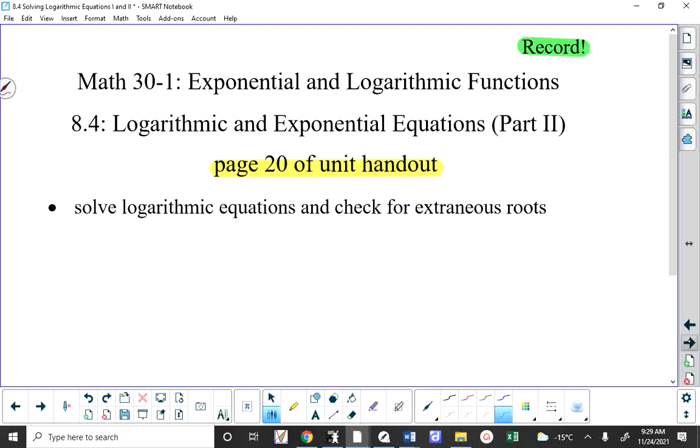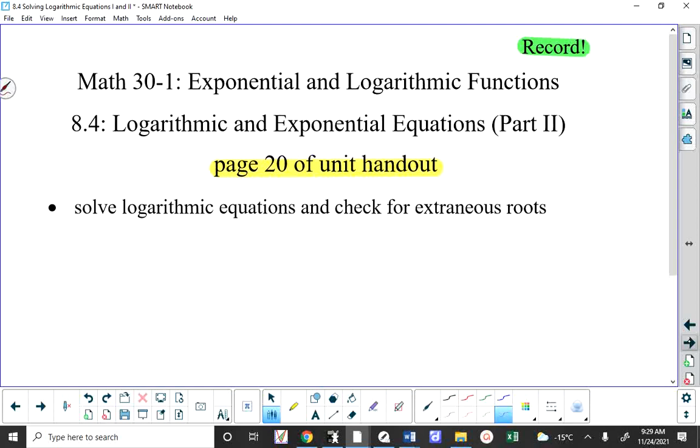And we have to check for extraneous roots. The general idea behind an extraneous root, remember a root is a solution, is that you apply all of the rules of math properly, you don't make any mistakes, but you get a number which does not satisfy the original equation. That means when you put that number into the original equation, it doesn't work.